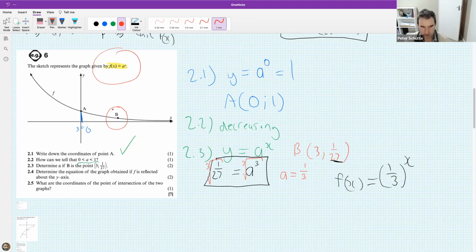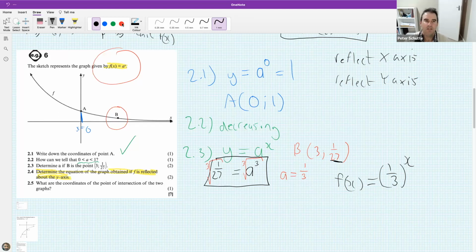Okay, now 2.4 is a bit different. 2.4 says, determine the equation of the graph obtained if f is reflected about the y-axis. Now, this goes back to something more general in transformations. If you want to reflect over the x-axis, you do something. If you want to reflect over the y-axis, you do something else.